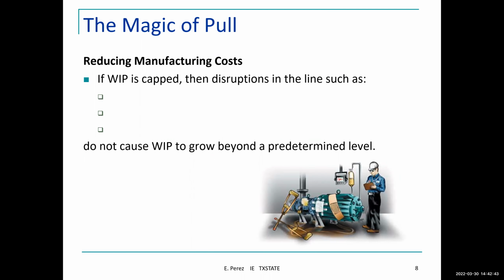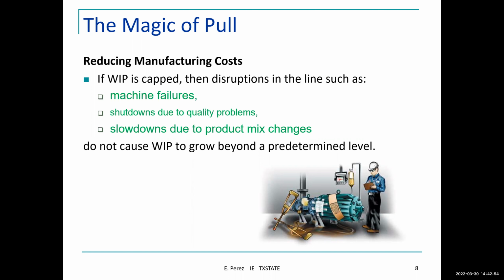So, reducing manufacturing costs: if the WIP is capped, then the disruptions in the line, such as machine failures, shutdowns due to quality problems, slowdowns due to production mix changes, do not cause the WIP to grow beyond a predetermined level, which is what we are trying to explain, right? So you have all these parts in the push system getting ready to get started in the production.